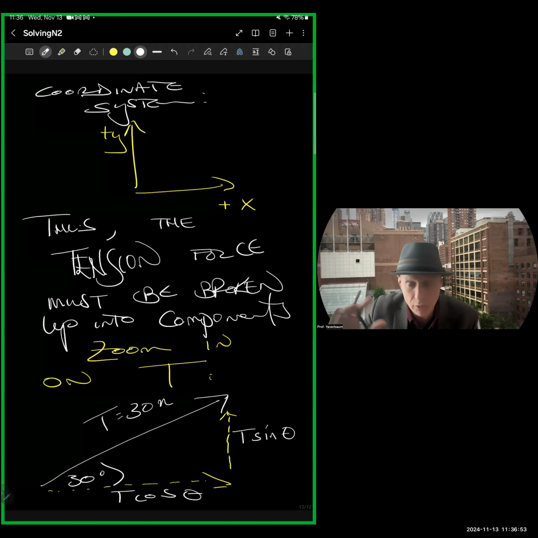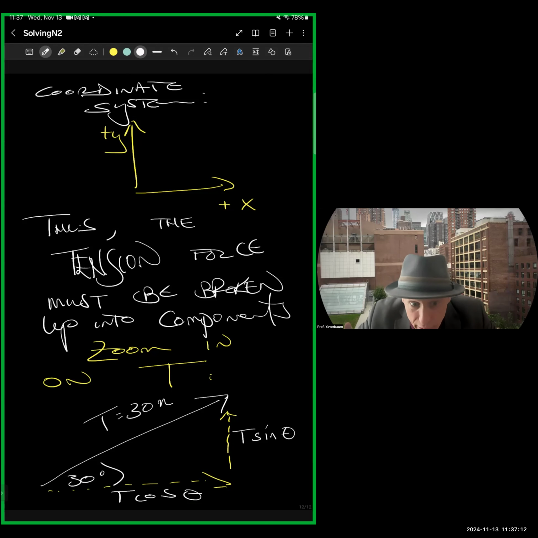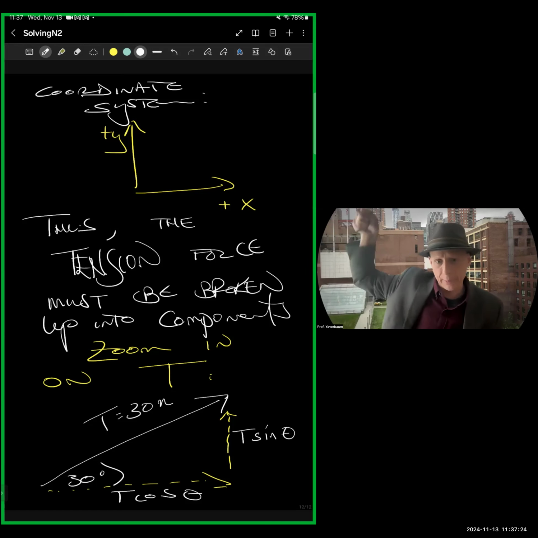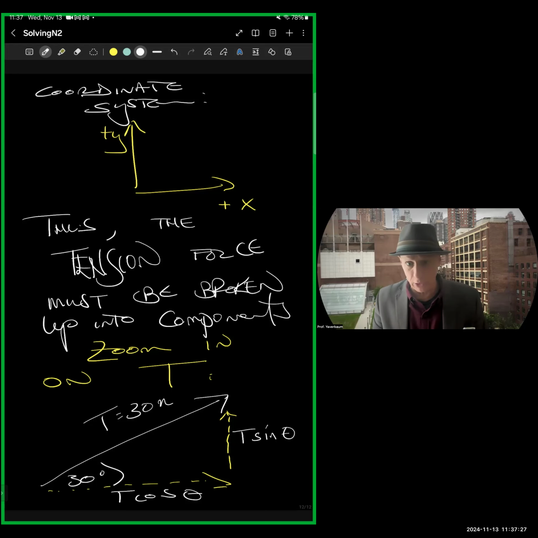Like SOHCAHTOA, sine is opposite over hypotenuse and cosine is adjacent over hypotenuse. So I'm writing just T sine theta and T cosine theta because that would be true. It doesn't even matter what the specific numbers are yet. The breaking up procedure is what it is. So I just zoomed in on the tension and said, really, that tension is equivalent to something going like this, to a string pulling up while a string pulls over.